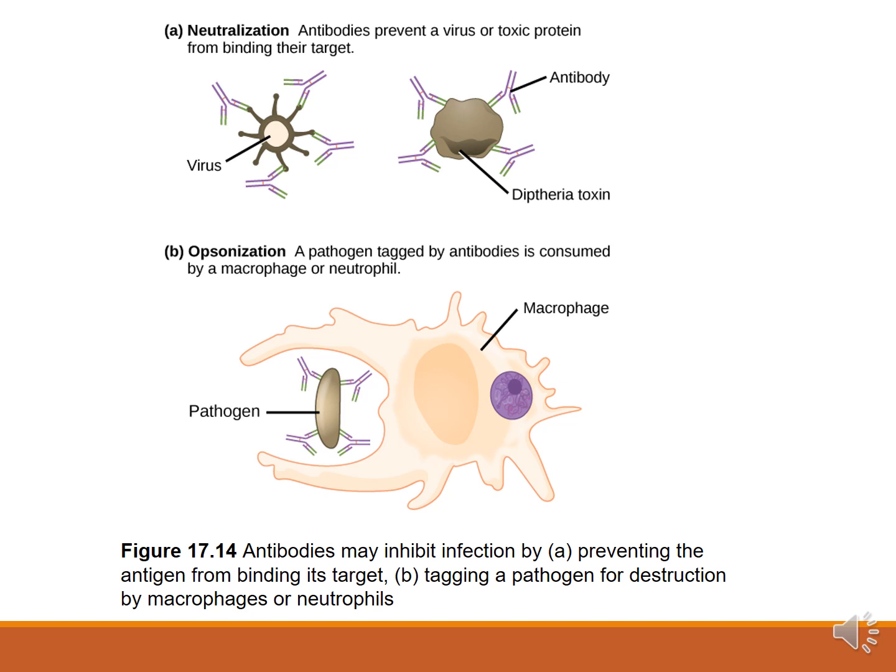We're not going to go into all the terminology that's shown on this slide, but you can see in A, talking about allergies, that's what's bothering me today, so I apologize. You see a virus that's being targeted by antibodies. You also see a diphtheria toxin.